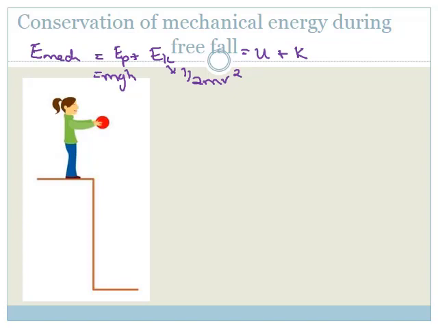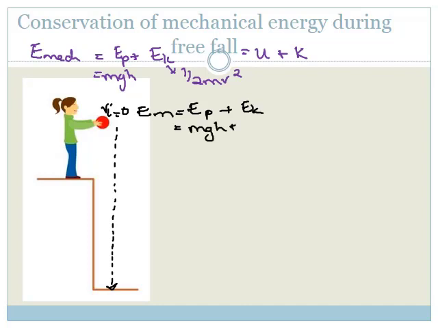Okay, so as this ball is dropped, as it is moving down, let's talk about what is going on. Since it is dropped, the initial velocity is 0. So therefore, its EMEC is equal to EP plus EK, which is equal to mgh plus a half mv squared.